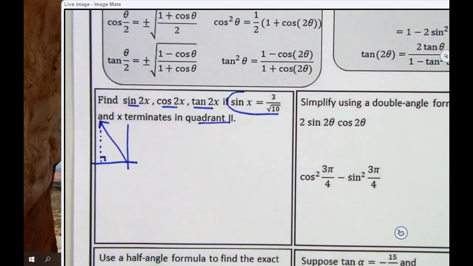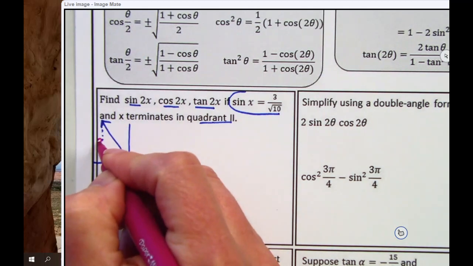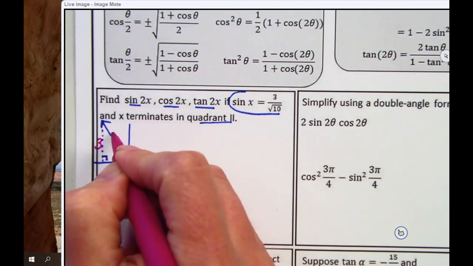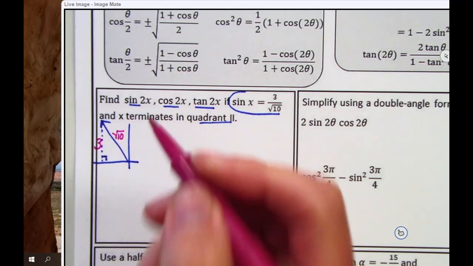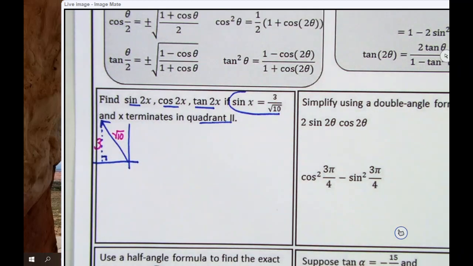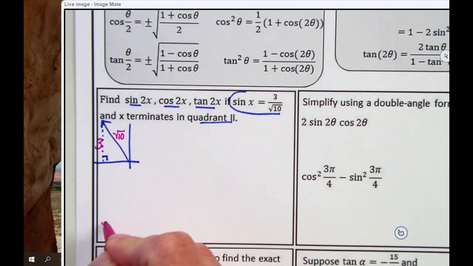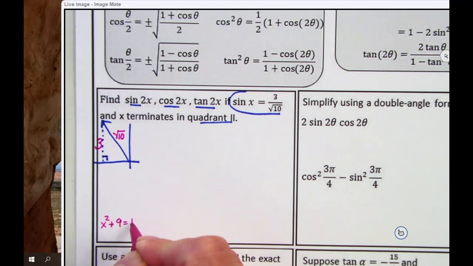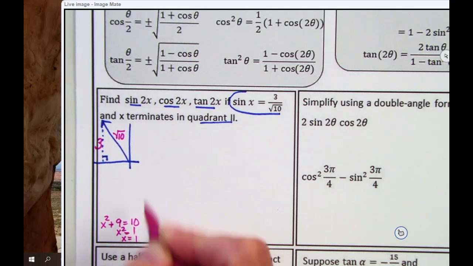And then the sine is opposite over hypotenuse. How do we find that third side? Right triangle, so we're going to use the Pythagorean theorem. So I've got x squared plus 9 equals 10. So x squared is 1, so x is 1.